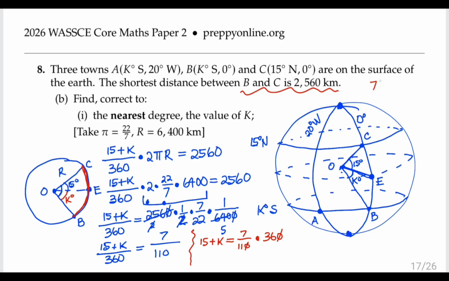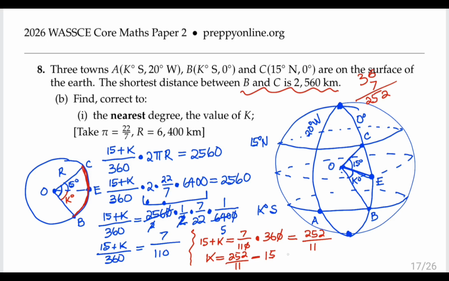And what is 7 times 36? 36 times 7: 7 sixes are 42, so we have 4, then we have 252. So this is equal to 252 over 11. So our k is equal to 252 over 11 minus 15.